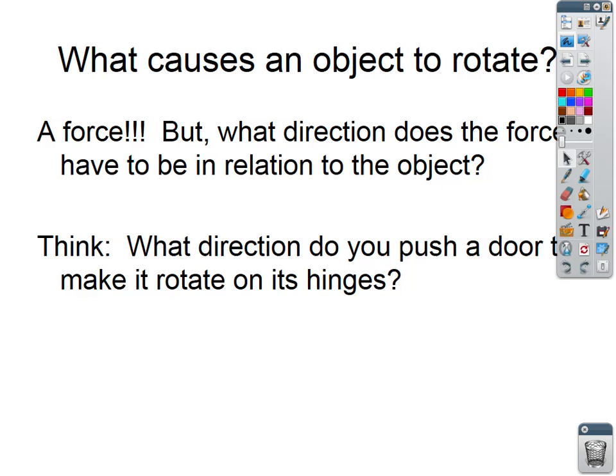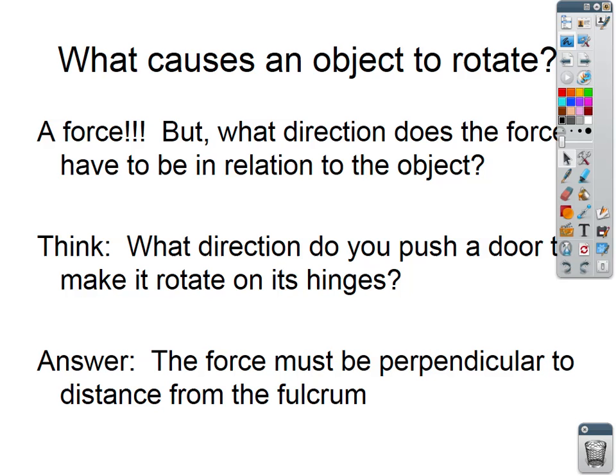Like the example we use in the classroom all the time, standing at the door, just a standard one: what direction do I push the door to make it rotate on its hinges? That would be where I create a force that's perpendicular. This is more the official definition: I apply a force that is perpendicular to the distance from the fulcrum.